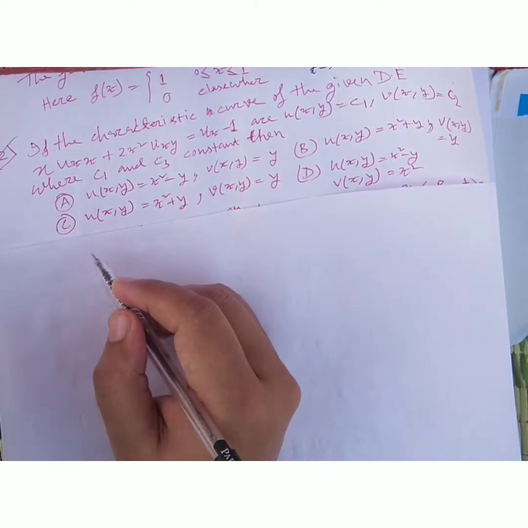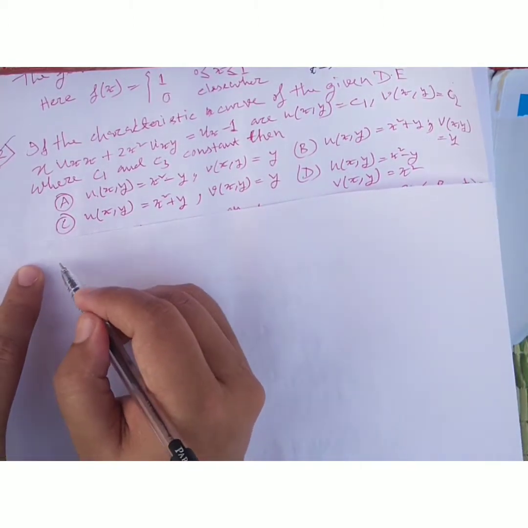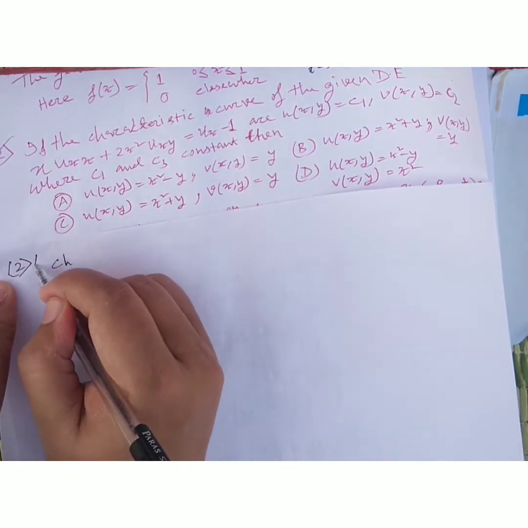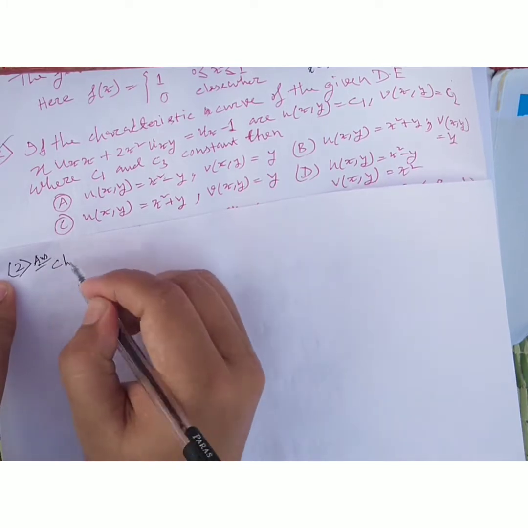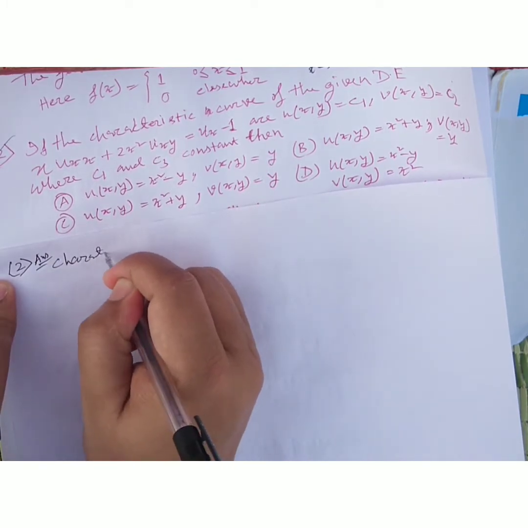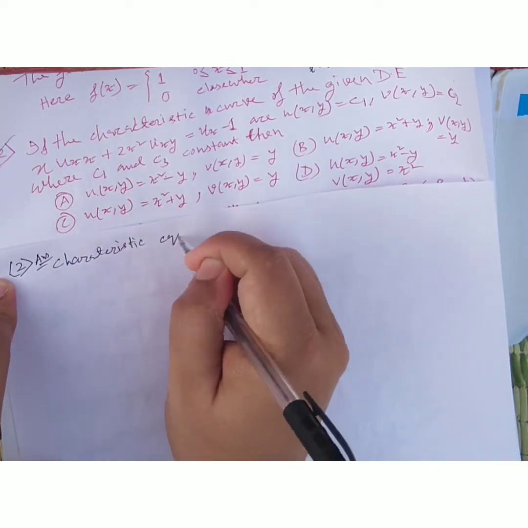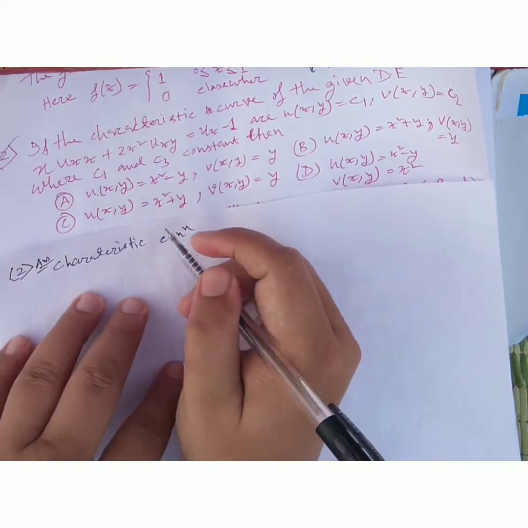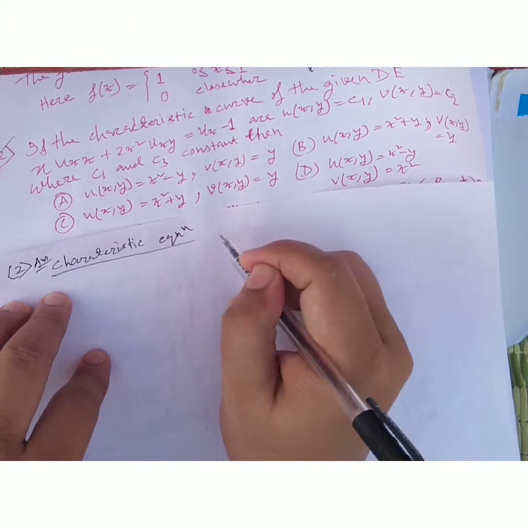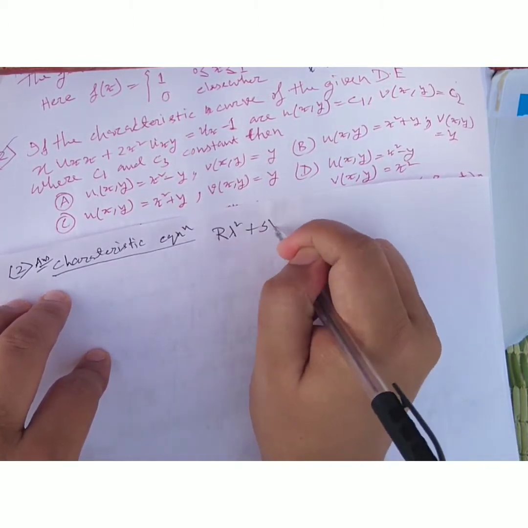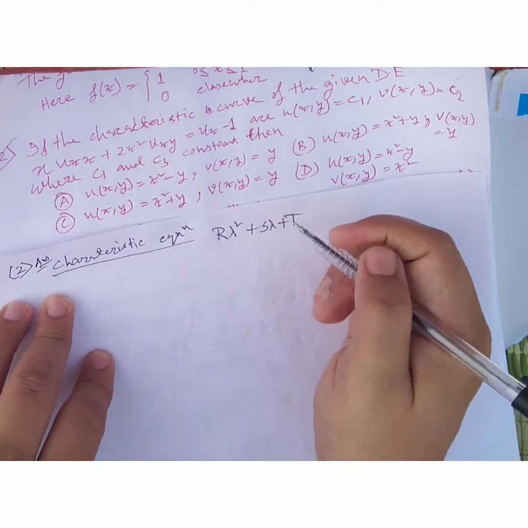And now I will discuss the characteristic equation. Number 2 answer. What is the characteristic equation, friends? The characteristic equation is r lambda square plus s lambda plus t.